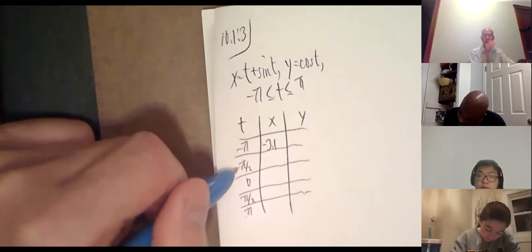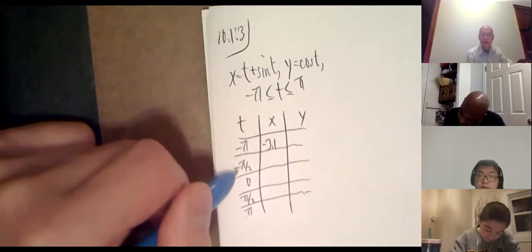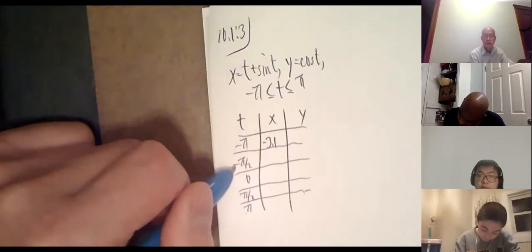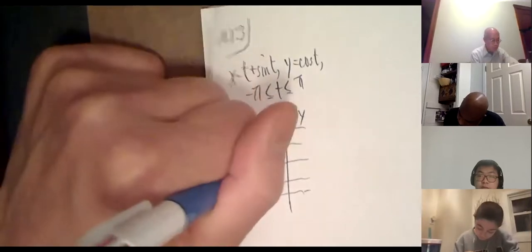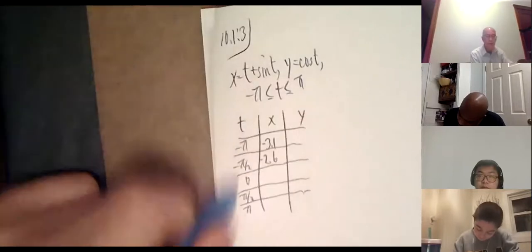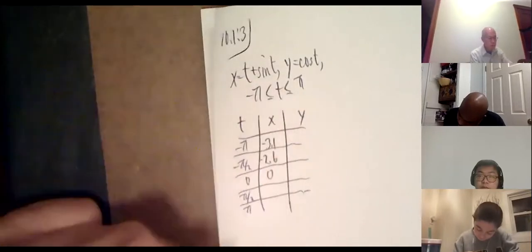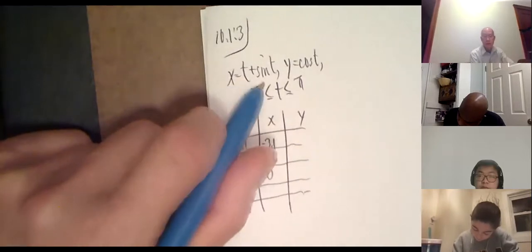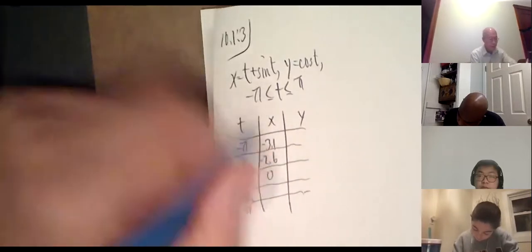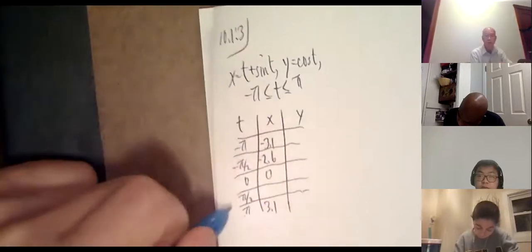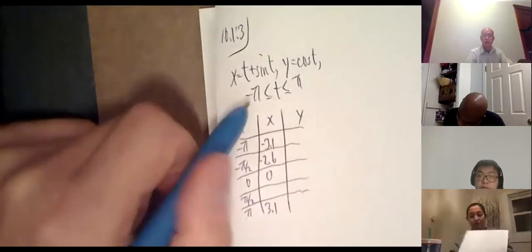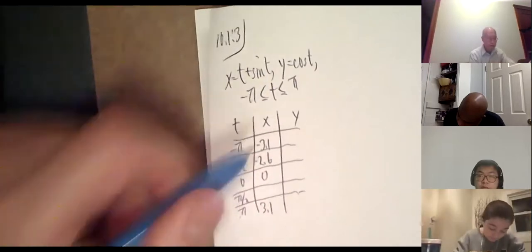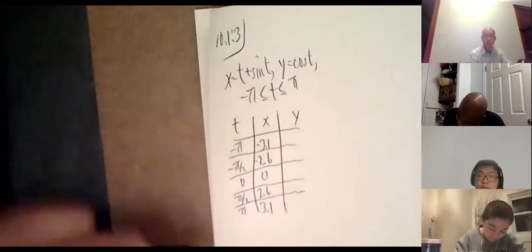Sine of negative pi over 2 is negative 1, so negative 1 minus pi over 2, negative 1.57, is roughly negative 2.6. For 0, x is 0. For pi, sine of pi is 0, so I get pi, or 3.1. For pi over 2, sine of pi over 2 is 1, so 1 plus 1.57 is 2.57, call it 2.6.